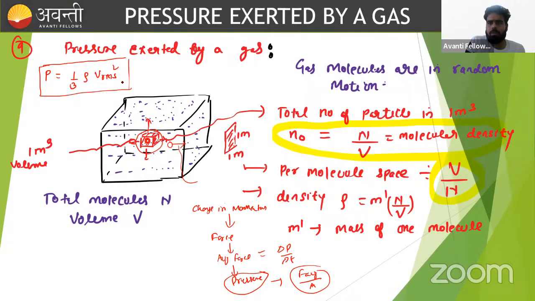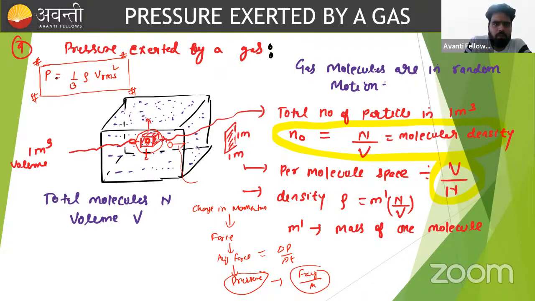As we saw in the previous slide, we are interested in RMS velocity because it describes the inertial behavior, that is the pressure, momentum, and energy. This is a very important formula again. Whatever formula I put in a box is very important.